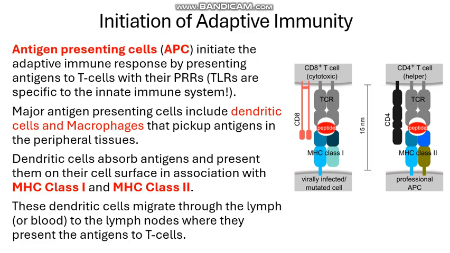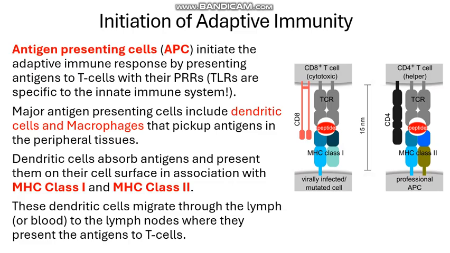Major antigen presenting cells, so these cells with the MHC class 1, MHC class 2, are dendritic cells and macrophages, but B cells can also do this. And these dendritic cells and macrophages, like we talked about when we talked about the cells of the innate immune system, pick up these antigens in the peripheral tissues, and then they transport them to the lymph nodes or other parts of the body where they can be picked up by lymphoid cells.